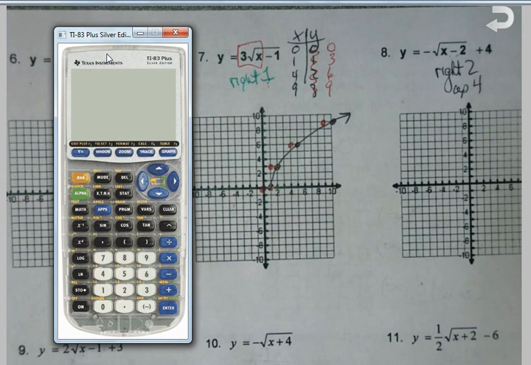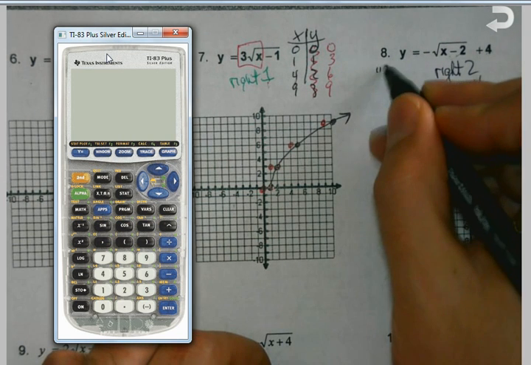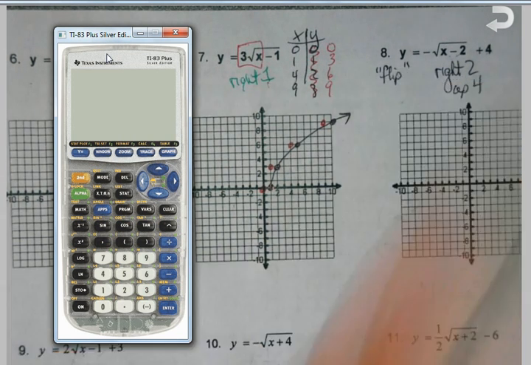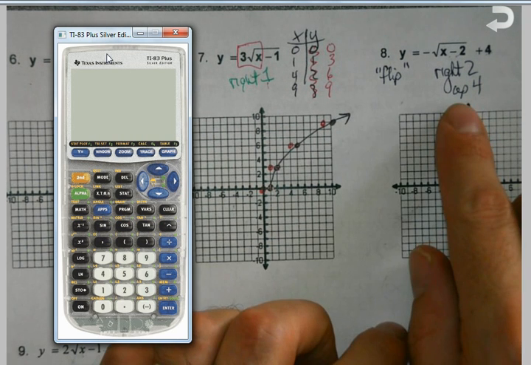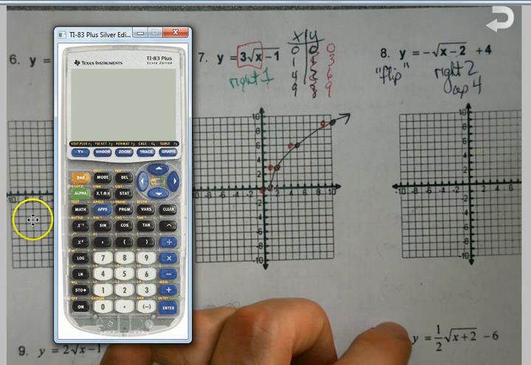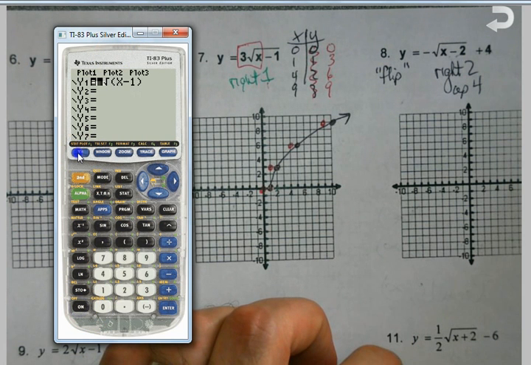But I also notice this one's getting flipped because I see the negative. It's good for me to understand this. But again, we're just going to keep reinforcing it, looking at it both ways. So I've got the negative square root of x minus 2 plus 4.